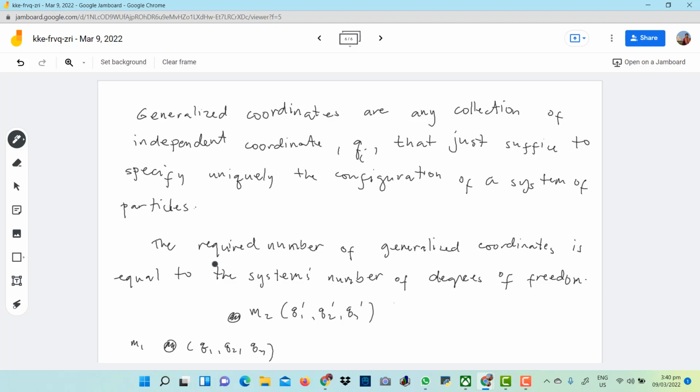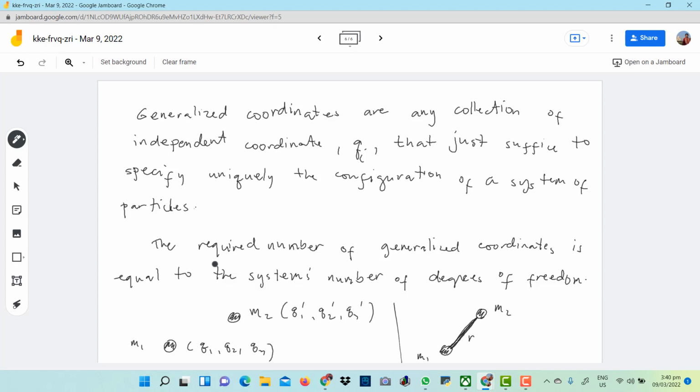Next, if I have a system again with two masses, M2 and M1, but they are connected by a rod. Okay? So I have a rod there, with some distance r between M1 and M2.